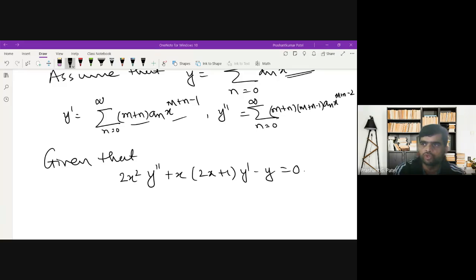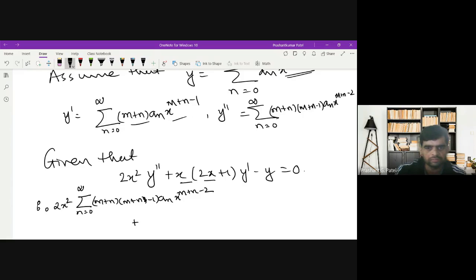Now we have to substitute this value of y double dash. So we have 2x square summation n running from 0 to infinity (m plus n) (m plus n minus 1) a n x raised to m plus n minus 2, plus, this I can write down by multiplying two brackets, that is 2x square into y dash.